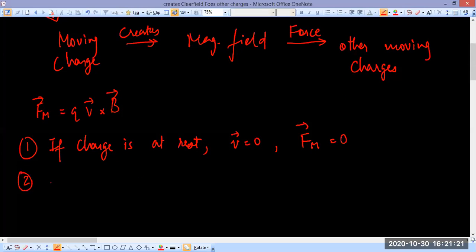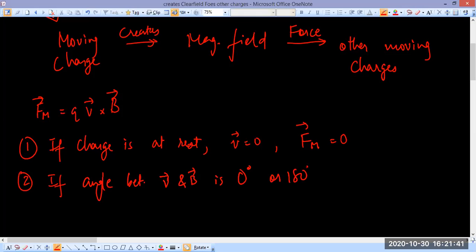Second, if the angle between the V vector and the B vector is either 0 or 180, then also Fm will be 0. Why so? Because sine 0 is equal to sine 180 degrees.